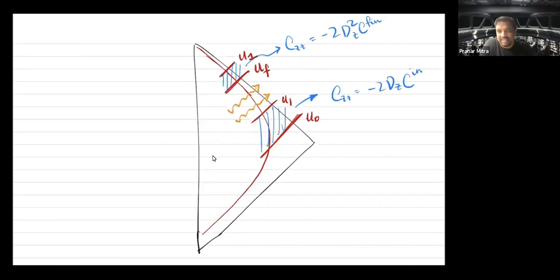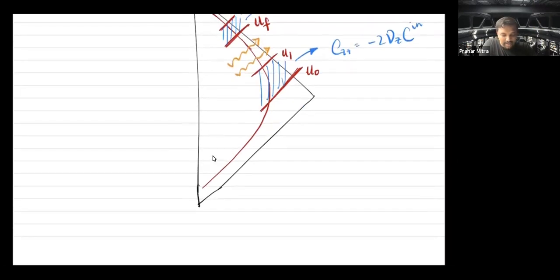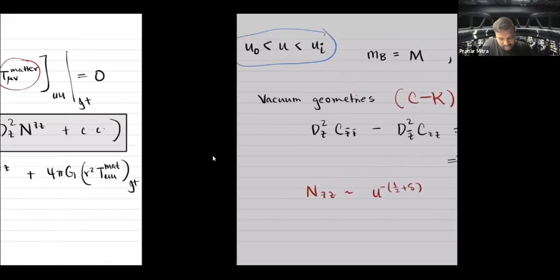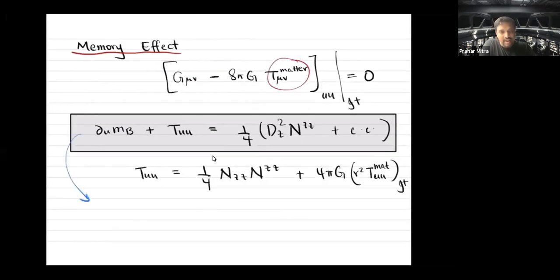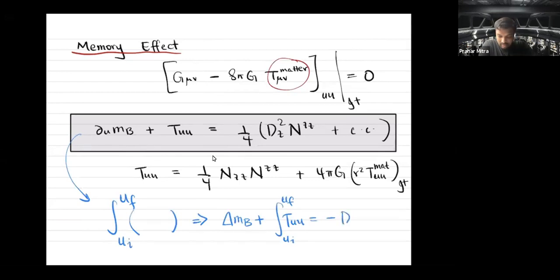That's really the point. We can immediately check this, because if I take this constraint equation over here and integrate both sides from u_i to u_f, then I'm going to find that Δm_B plus the integral over T_uu from u_i to u_f is the same thing as minus D_z² D_z̄² ΔC.